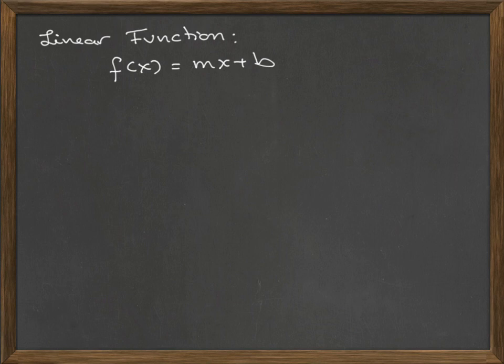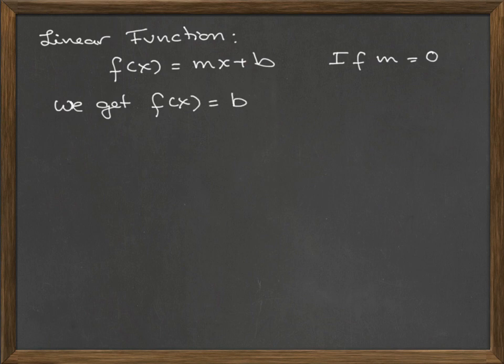Instead of y equals mx plus b, we have f of x is mx plus b. If m is equal to 0, what do we have left? B. So if m is equal to 0, we get f of x equals b.